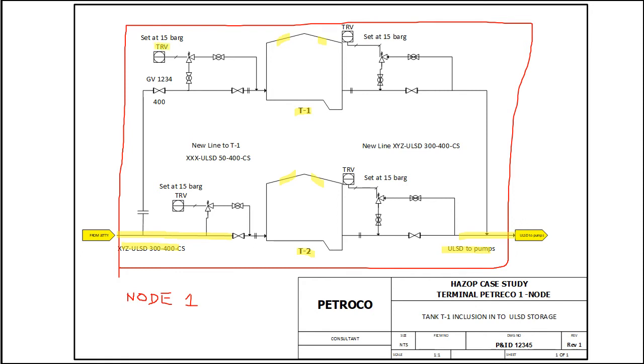The reason for these thermal relief valves is that if we have a section of line, typically like this here, it can be closed in by that valve and that valve. It can be a very long length of line, we don't know. The only way we'll know the length is by looking at the three-dimensional model or the isometric drawings of this unit and see what the length is.